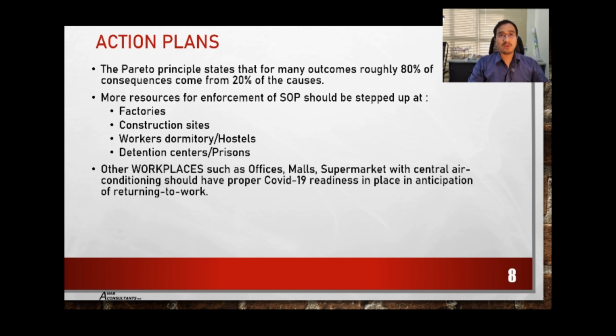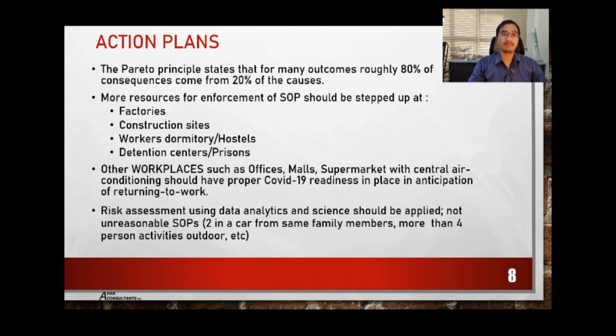Secondly, reevaluate and redesign the centralized air conditioning unit at workplace, such as offices, malls, and supermarkets. A proper design of centralized air conditioning unit can ensure a good indoor air quality, which can reduce the risk of infections. Last but not least, risk assessment process using big data, data analytics, and science must be applied.